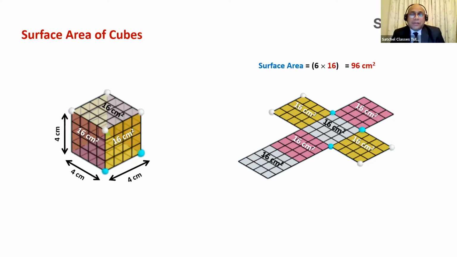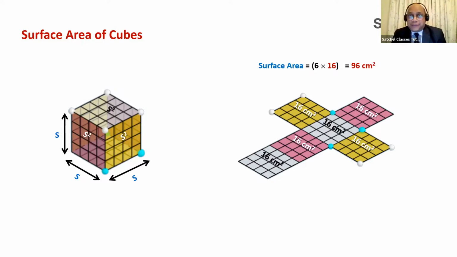Right. So if I were to generalize this formula, instead of 4 centimeters, let me change the side to S centimeters. What will be the area of each face of the cube? It's a square with side S centimeters, so the area would be S squared. And how many square faces does a cube have?